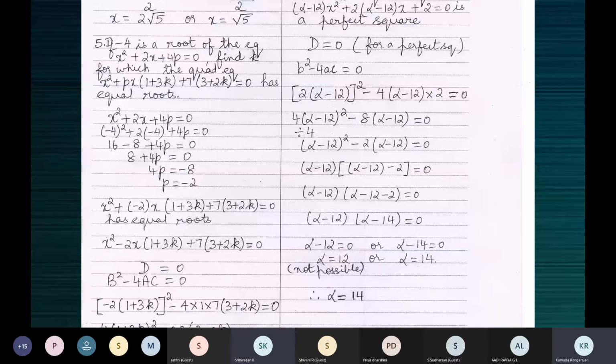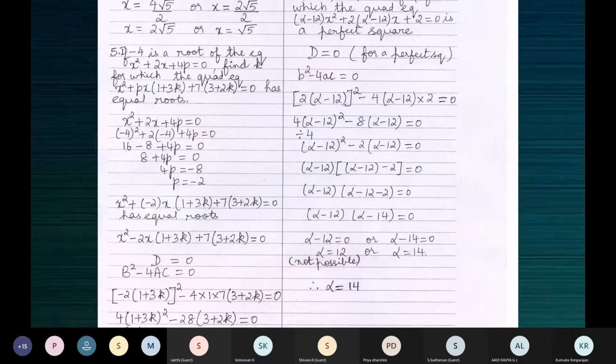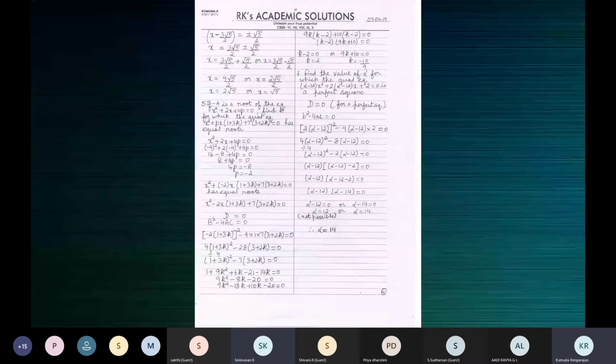Ma'am, Arnav is saying he has a doubt in the chat, ma'am. He is saying he's unable to speak. Oh, okay. What's his doubt? Has he messaged? Can you just read it out, Srinivasan?